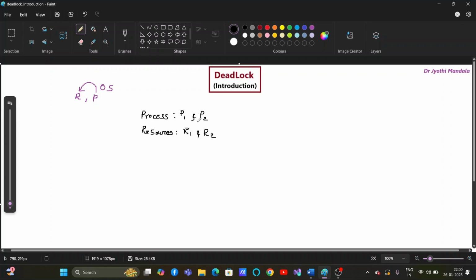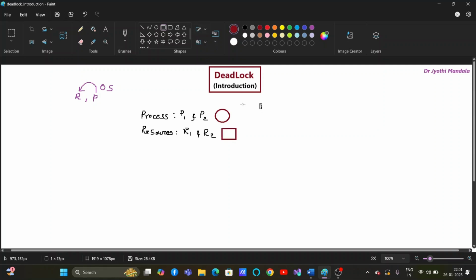Let us represent the processes with a circle, and let us represent the resources with a rectangle or a square, just for our understanding. The process will be requesting resources, and the process will be holding some resources. So let us represent all these things in a graphical form.